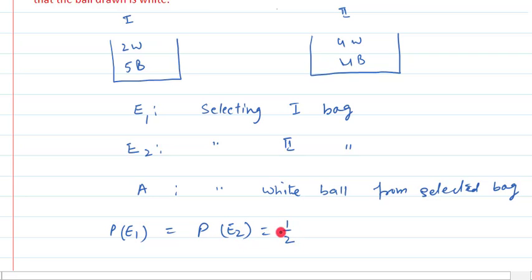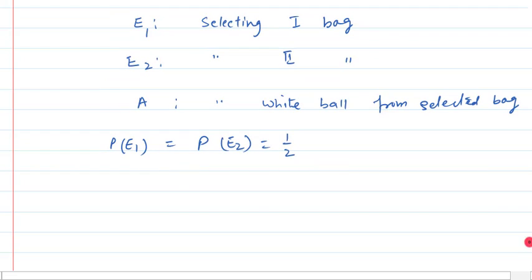And clearly these E1 and E2 are mutually exclusive and exhaustive events, because E1 intersection E2 is equal to phi and E1 union E2 forms the total sample space, as well as the probability of any of the events is non-zero. Therefore, we can apply here the total law of probability.